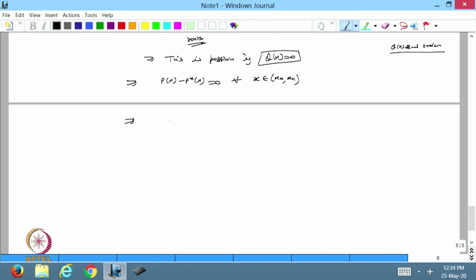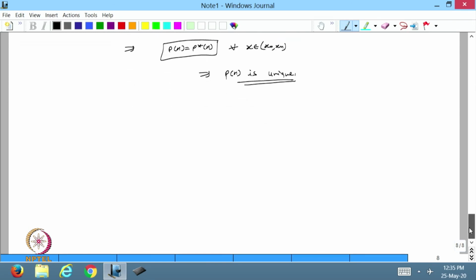So from here I can say that p x is equal to p star x for all values of x. I can say that p x is unique. It may look like a different one, but ultimately the polynomial is unique.